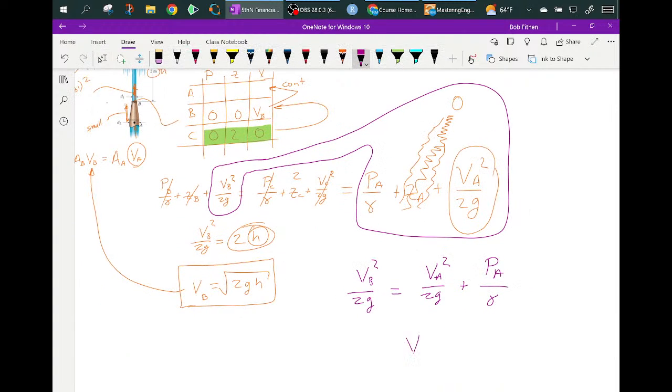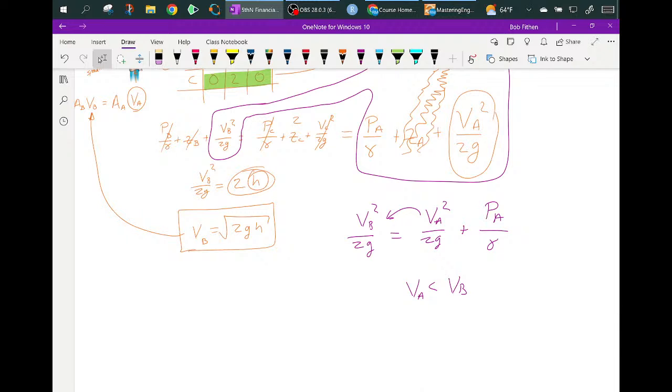Since VA is going to be less than VB, you're going to move it over, and you're going to get some slightly larger pressure because gamma times VB squared minus VA squared over 2G equals PA.